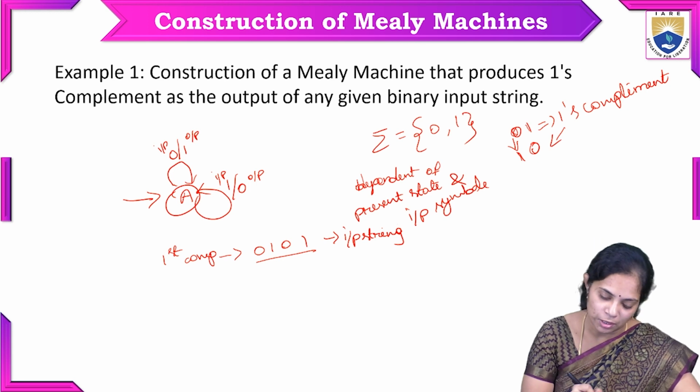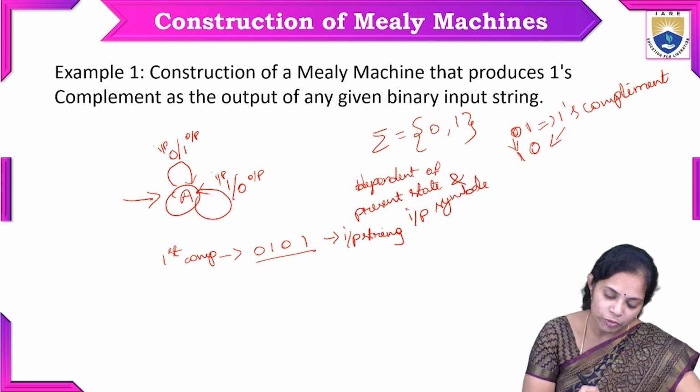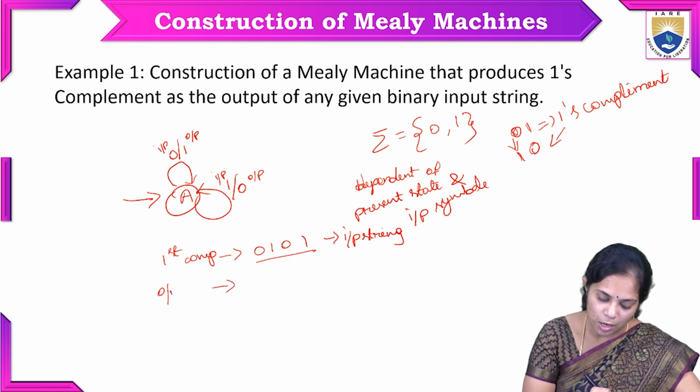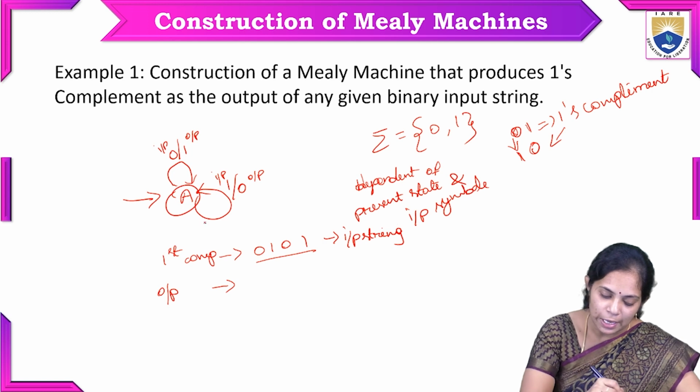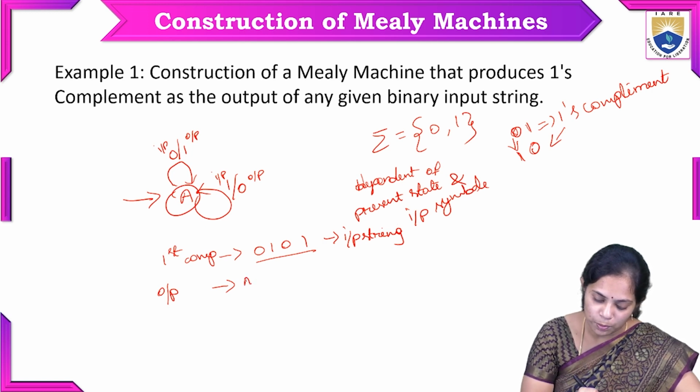When we give 0 as the input symbol, it goes to the self loop at state A, and it gives the output 1. This is the output, and this is the state.